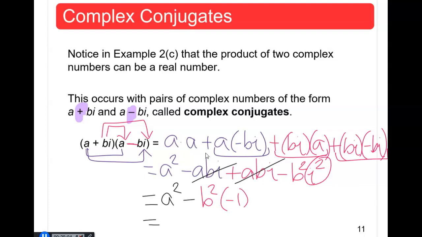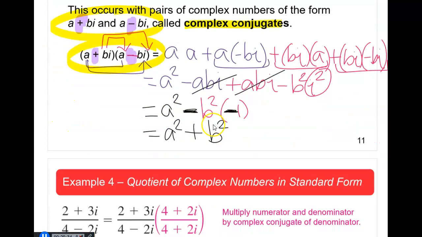So now this will be a squared, and a negative times a negative will give me positive, so positive b squared. That is going to be the case every time we multiply two complex conjugates, such as the example that we have here. And again, how do we know they're complex conjugates? Because the sign of the imaginary part will always be the opposite of the other.